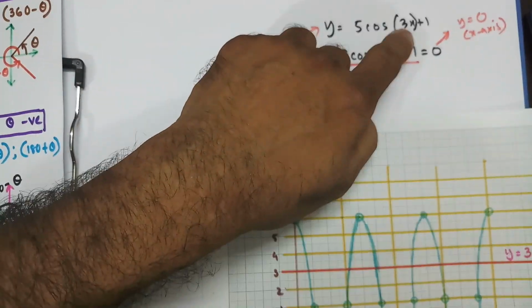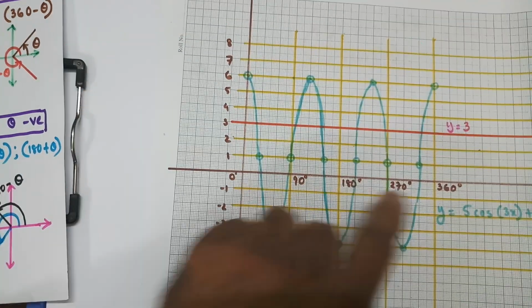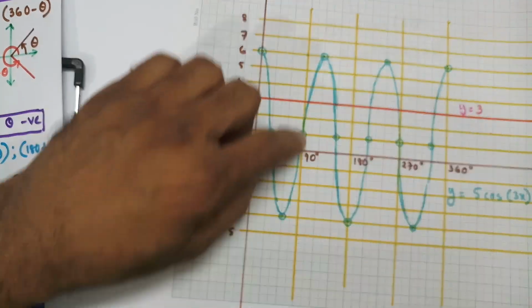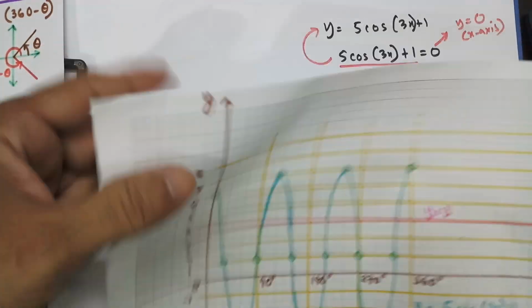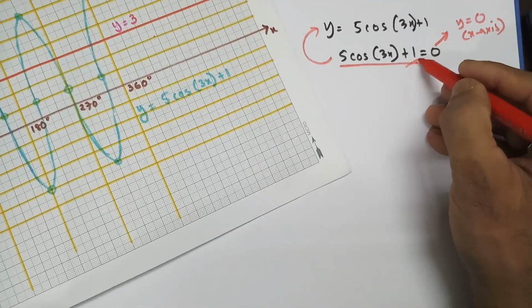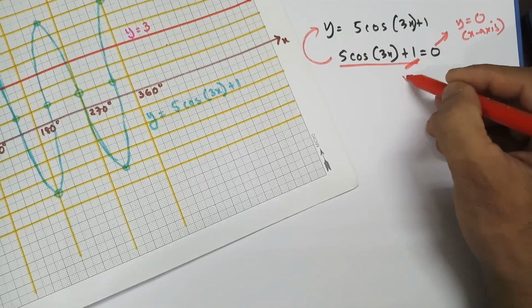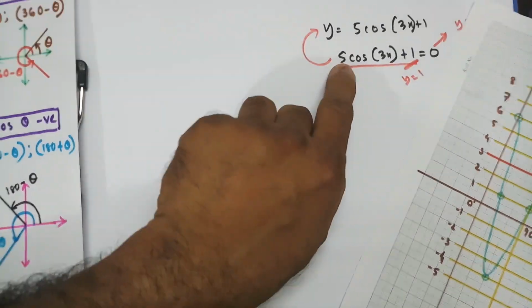See, there are three oscillations, or three cycles, within 0 to 360 degrees: this is 1, this is 2, and this is 3. The baseline, or axis of the curve, is plus 1. That means y equals 1, and the amplitude is 5.